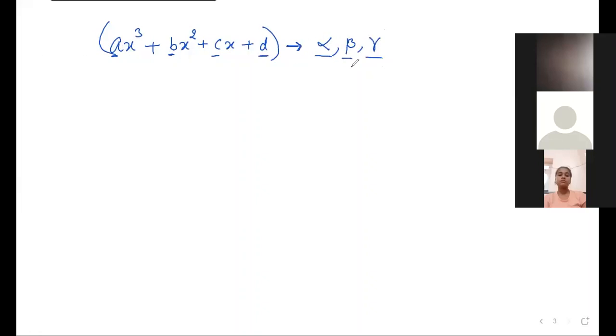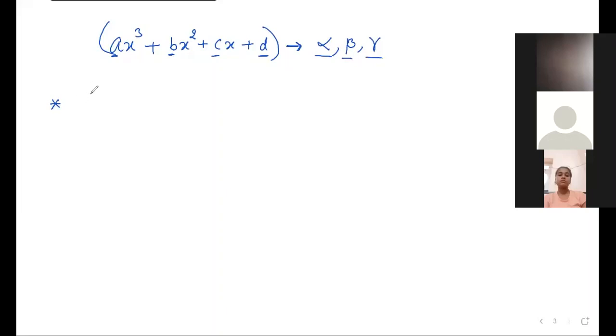Now there is a relation between these, though you don't need to remember it, because it is just for your information only. It is present in your book also, but nowhere is it applied in the exercise.